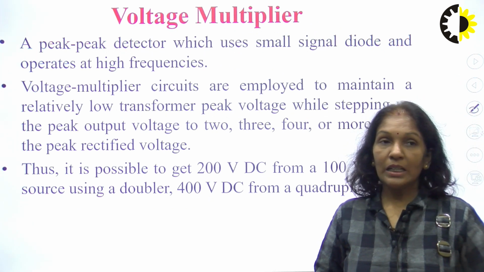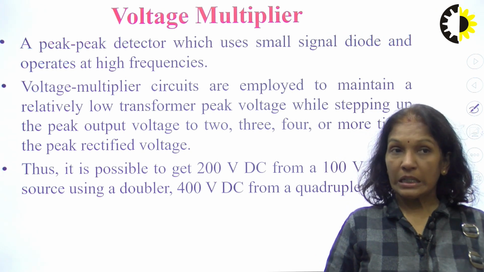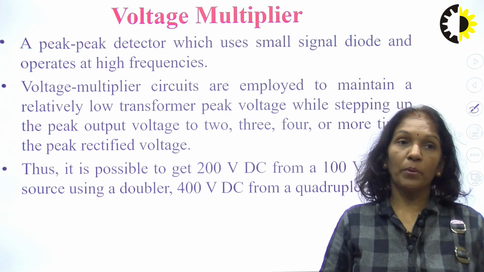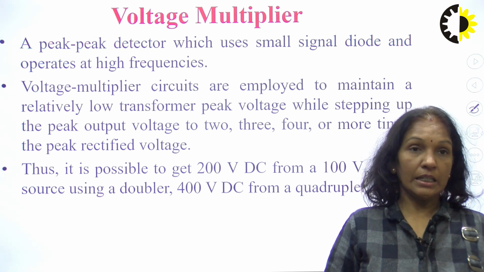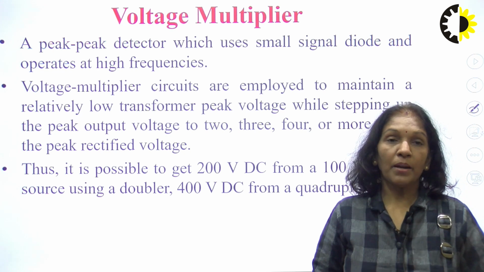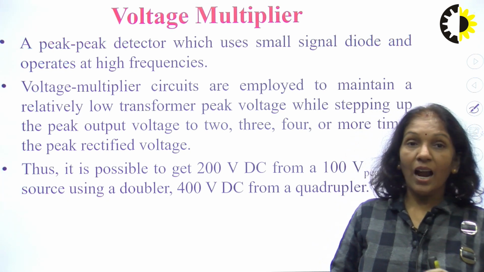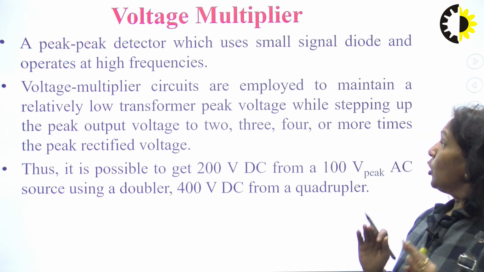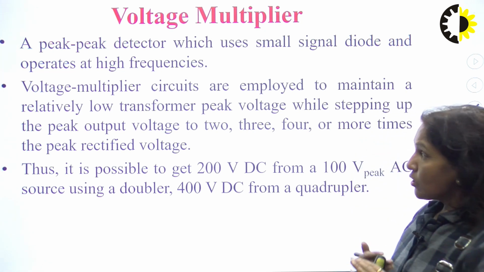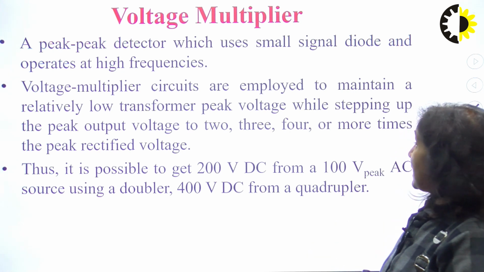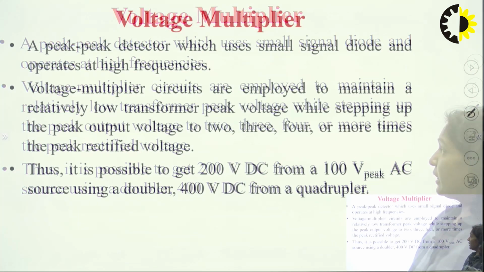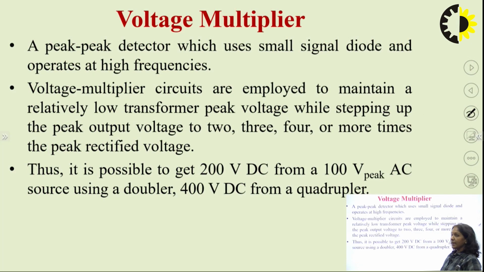A voltage multiplier circuit is nothing but a peak-to-peak detector which uses a small signal diode and operates at higher frequency signals. Voltage multiplier circuits are employed to maintain a relatively low transformer peak voltage while stepping up the peak output voltage, which is 2 times, 3 times, 4 times or even more than the peak rectified voltage.